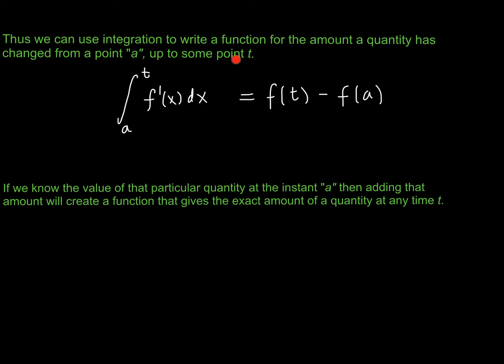So you can see this right here. This is a function, f of t, that gives us the amount of the quantity at any time t. If we simply add f of a to both sides, we will have solved for the function f of t. In fact, that'll give us the exact amount. So let's write this out.